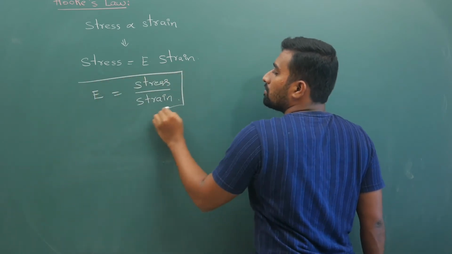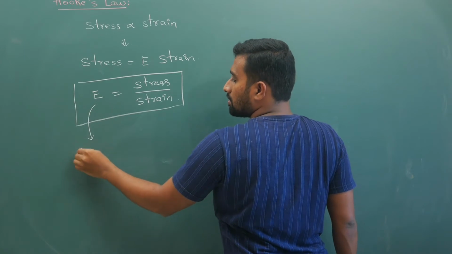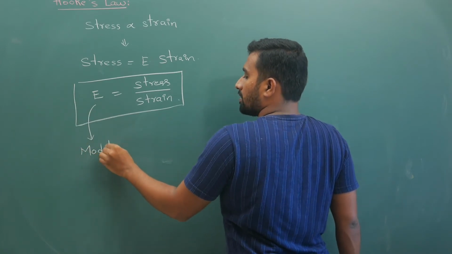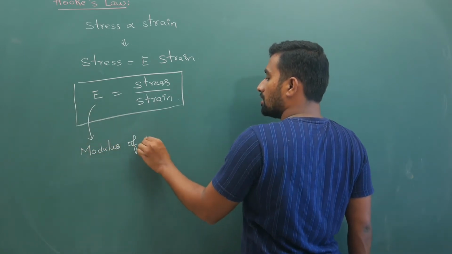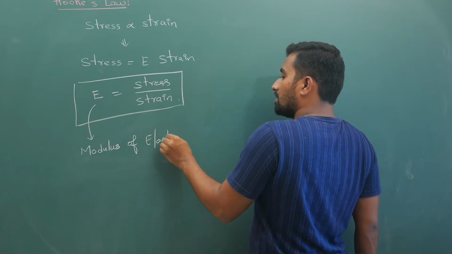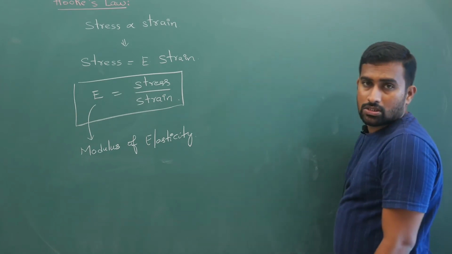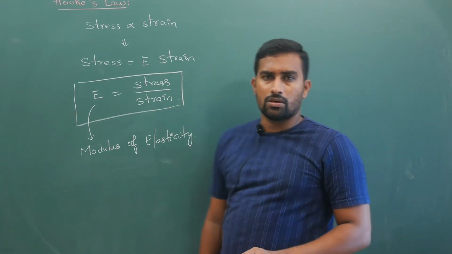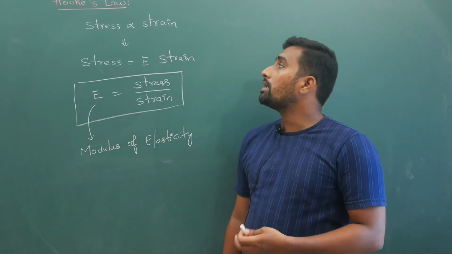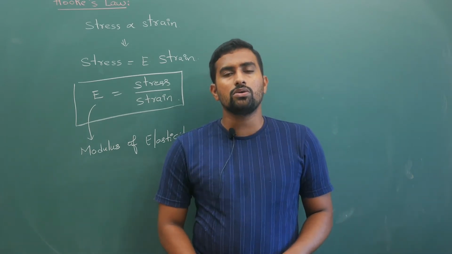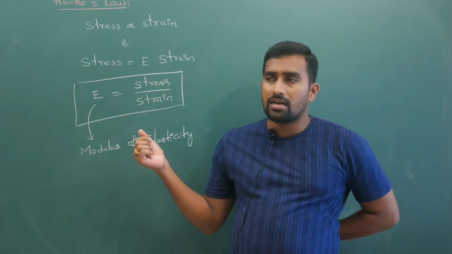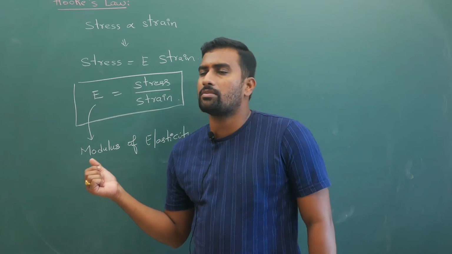Now this E is called the modulus of elasticity. Hooke's law only tells us that stress is directly proportional to strain, and we are defining the modulus of elasticity from here.